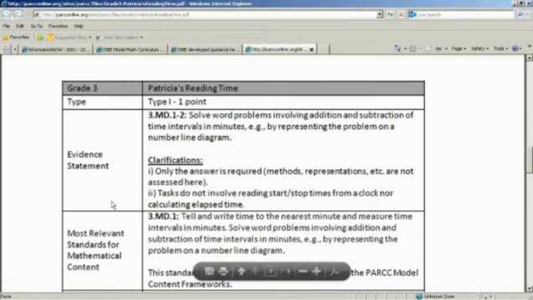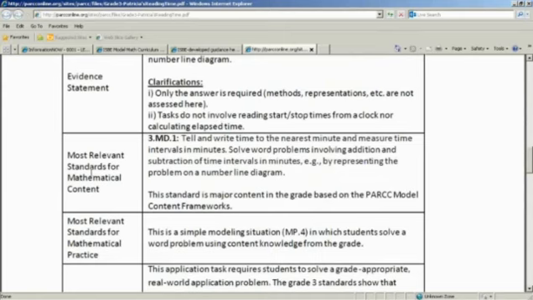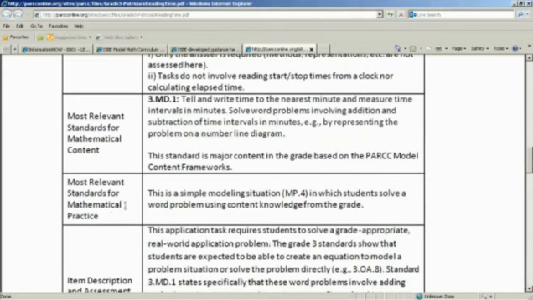It includes the evidence statement depicting the exact standard that it was assessing. It depicts what type of PARCC assessment problem it is. It's a type 1, including that it's worth 1 point. Again, it identifies the standard, that it is major content, and we'll talk on this in just a little bit, but it identifies which math practice standard is also involved in this assessment item, which is math practice number 4, modeling.